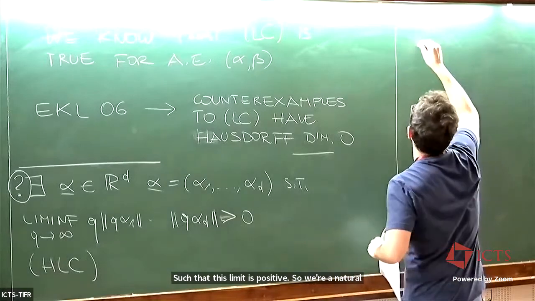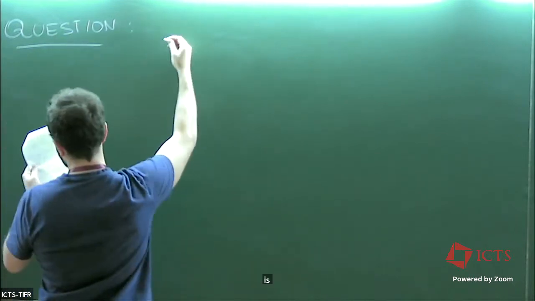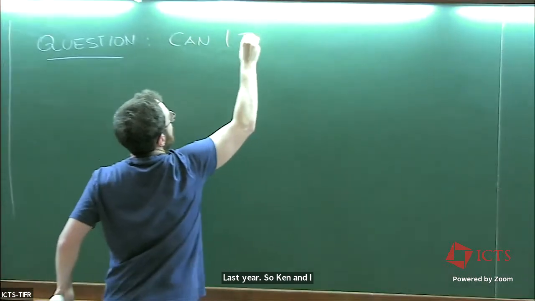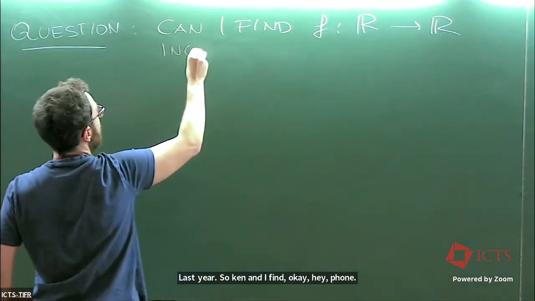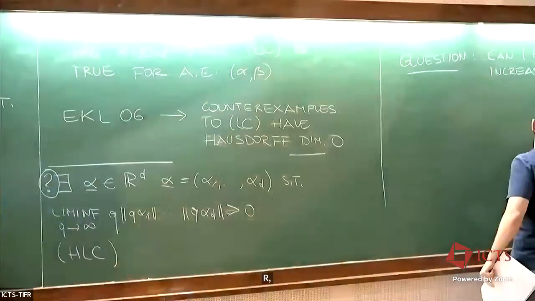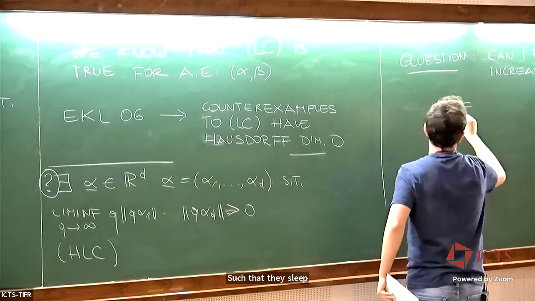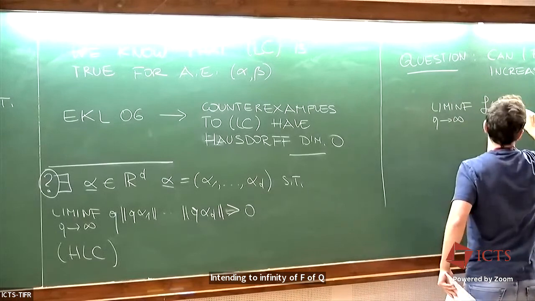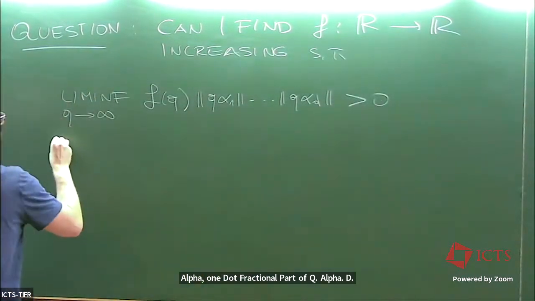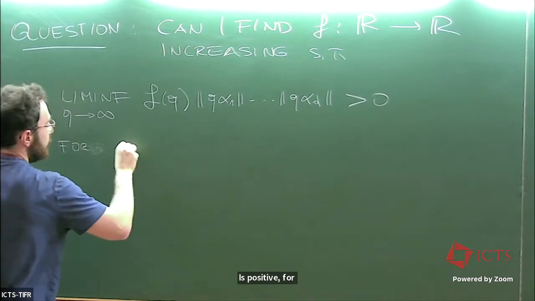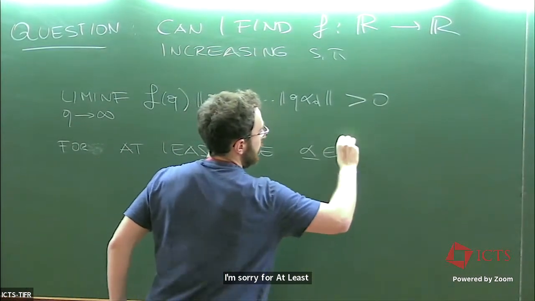So a natural question is the following. Can I find f from R to R increasing such that this lim inf, as q tends to infinity, of f of q times the fractional part of q alpha 1 times ... times the fractional part of q alpha d is positive for at least one alpha in R^d?